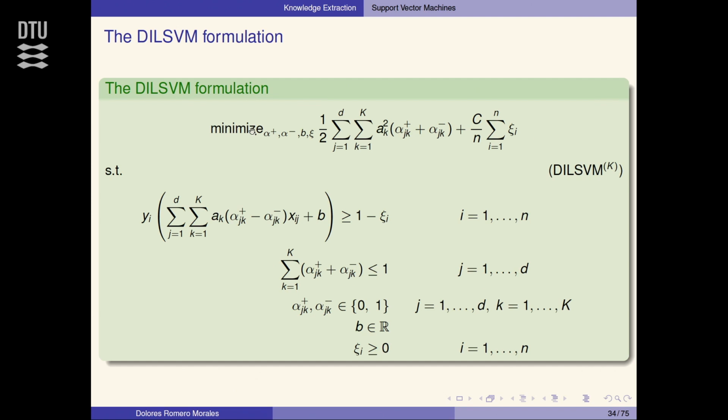As simple as that. It doesn't look so pretty. It's because I had to delete some absolute values that I have and so on, but it's as simple as that. There is a decision variable, a 0-1 decision variable that you have to make for every single predictor variable, to know at what value you are going to end up and whether it will be the positive or the negative.